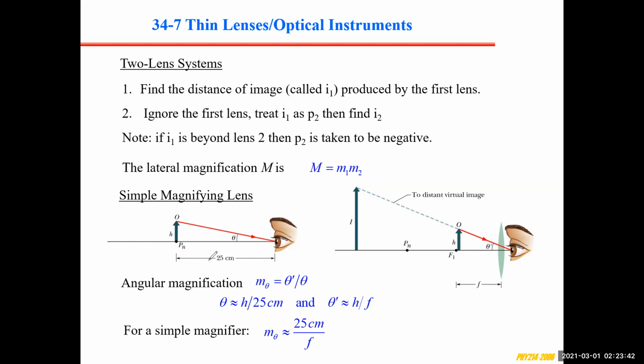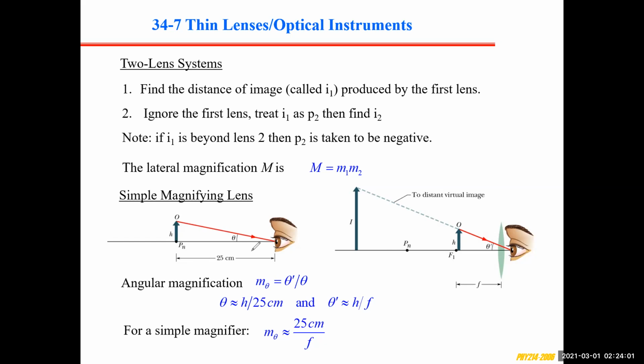So this is the focal length of our eye. Let's say you have an object placed at the focal point of your eye, and you can see it clearly. It makes an angle theta here, this is the object height, and this is your natural focal length of your eye.